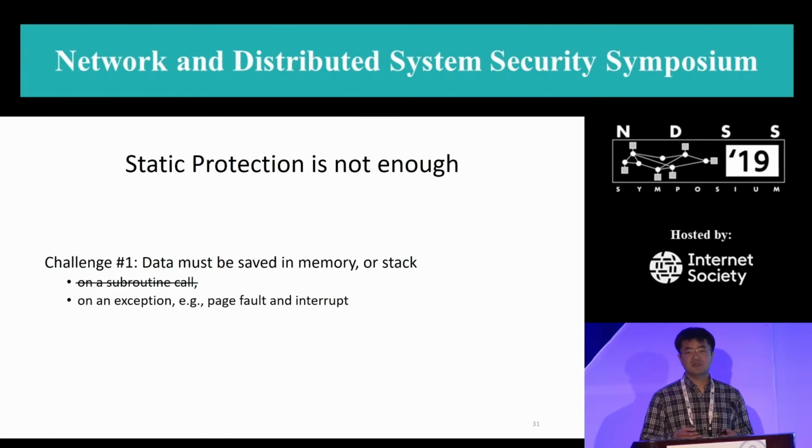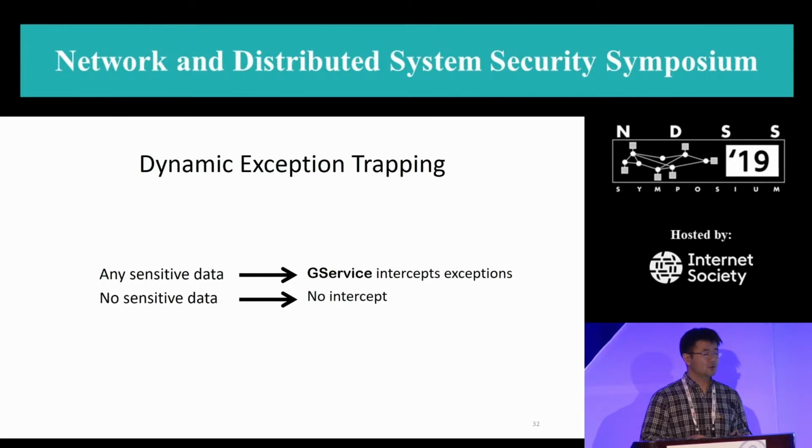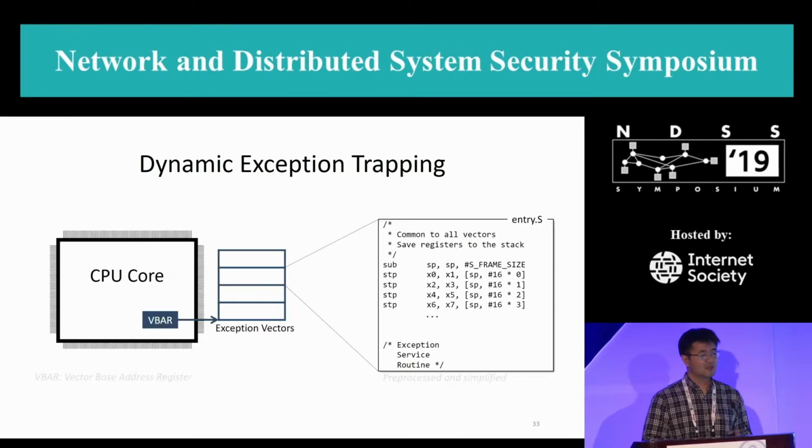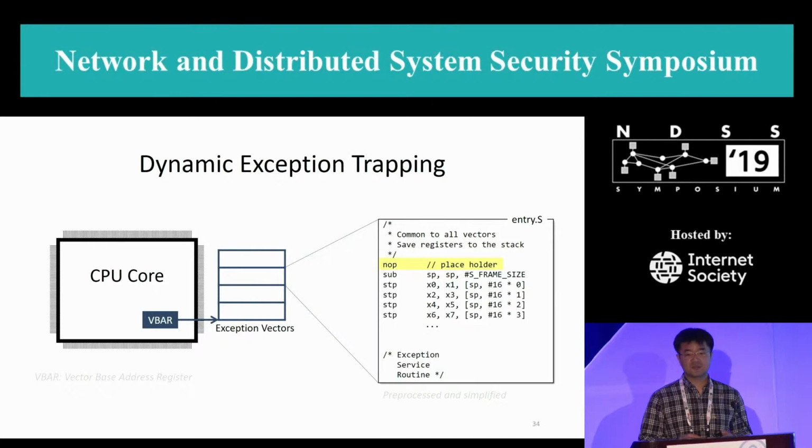The compiler does not know when an exception will happen at runtime. So in Ginseng, we intercept all exceptions at runtime, only when any sensitive data are in registers. So on each exception vector of the kernel, we insert a NOP instruction.